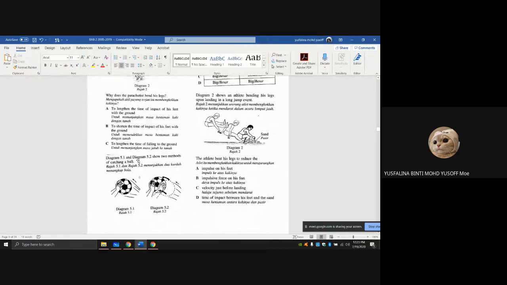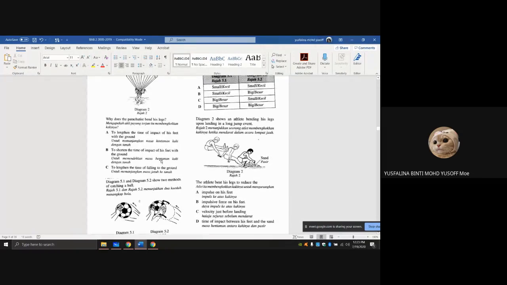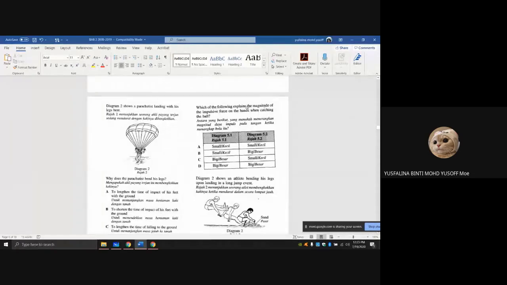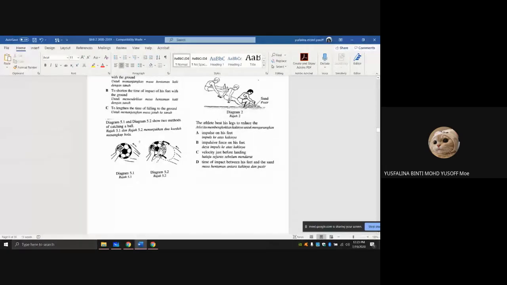Diagram 5.1 and 5.2 show two methods of catching a ball. Which of the following explains the magnitude of the impulsive force on the hands when catching the ball? Seen here, there is a distance, and this distance is much higher than this one. So the time taken also should be higher.